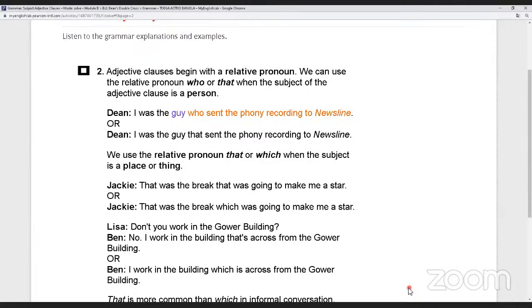We use the relative pronoun that or which when the subject is a place or thing. That was the break that was going to make me a star. Or that was the break which was going to make me a star.